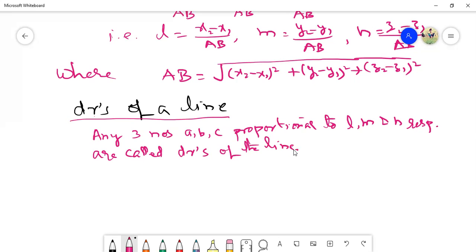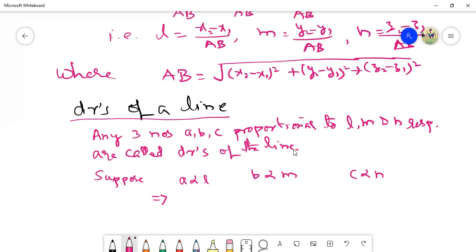Now suppose we have the proportionality, which means A is proportional to L, B is proportional to M and C is proportional to N. We can write the proportionality as ratios and put in a constant.